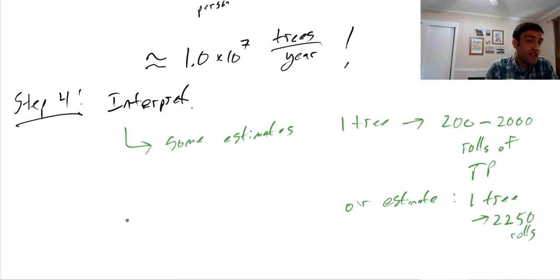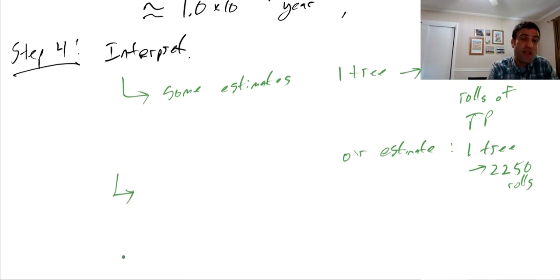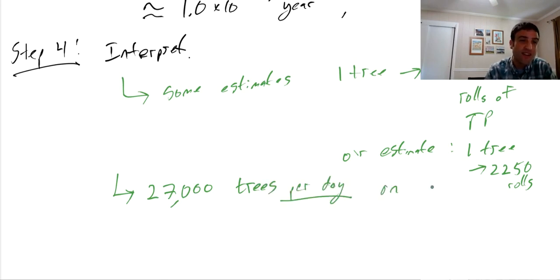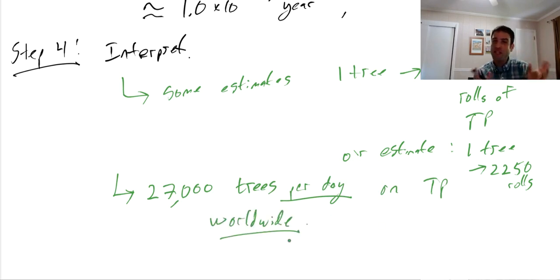On the other hand, I tried to look up some answers to the whole problem. And one article that I found in National Geographic estimated that we use 27,000 trees per day on toilet paper worldwide. Okay, so this is in a different set of units than what we estimated in, but we can convert it pretty easily, right?